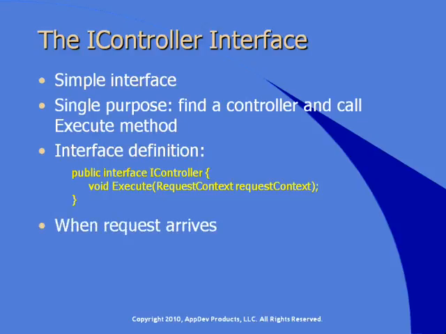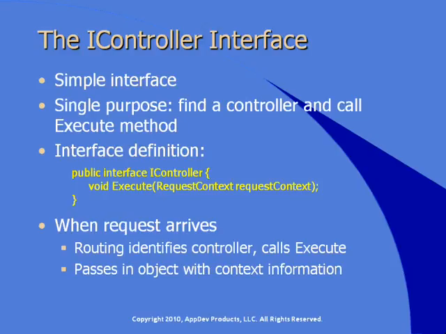When a request comes into your application, when the user does something within the view, clicks on something, whatever, the routing system is going to identify a controller and call its Execute method. And it'll pass in an object that contains information about the request. This request context object is quite robust.